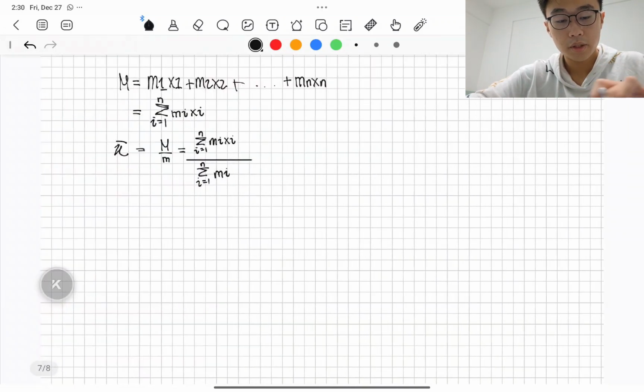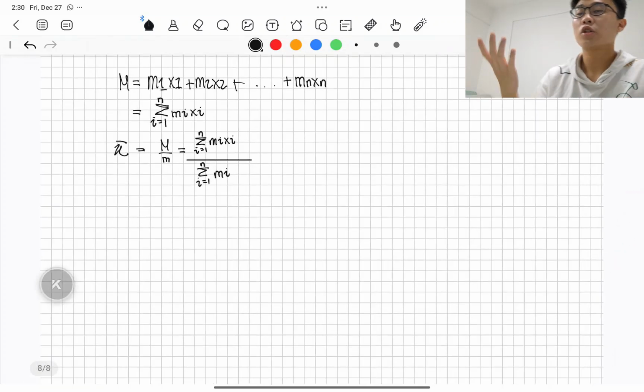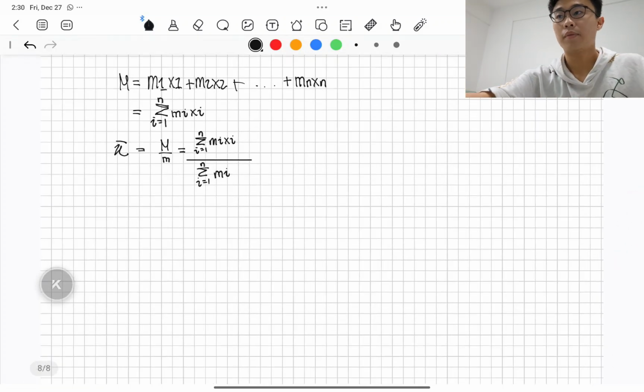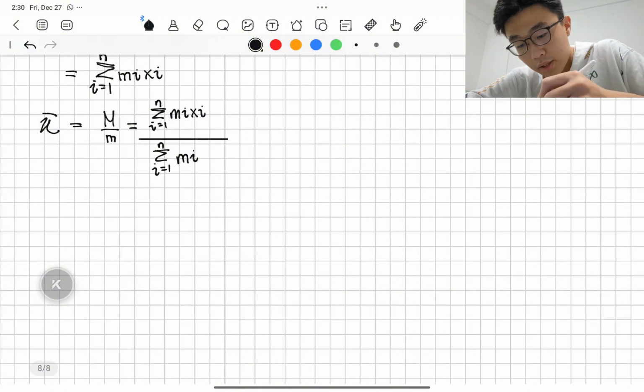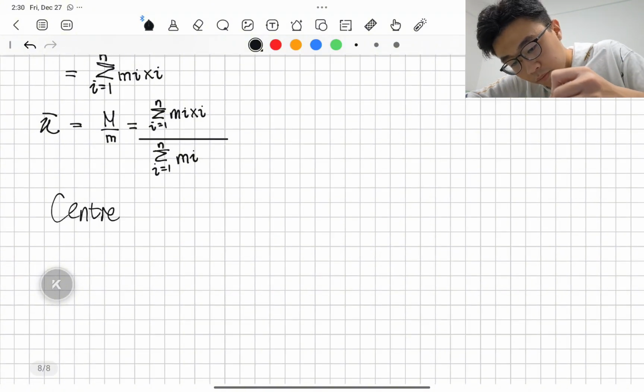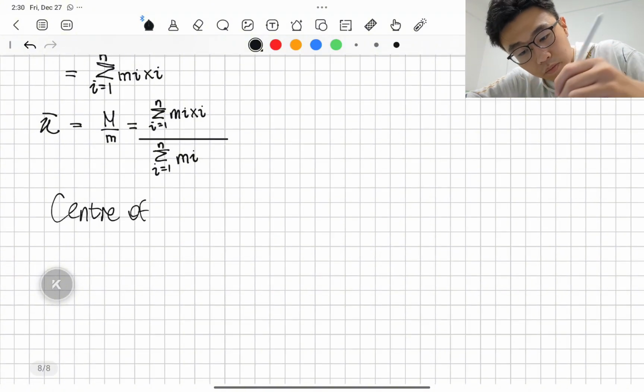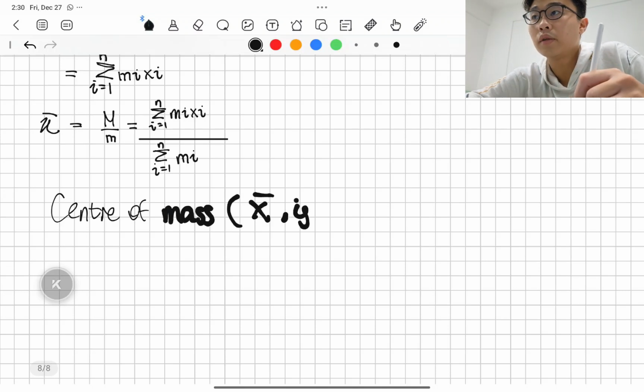Now for two points, point x and point y, we have a center of mass for the x and for the y.